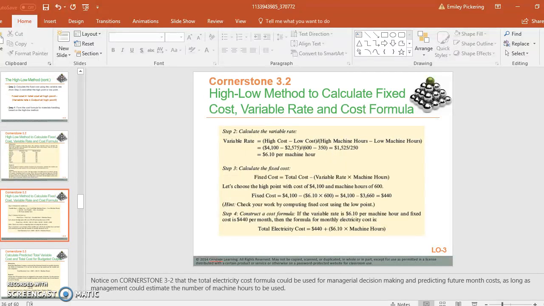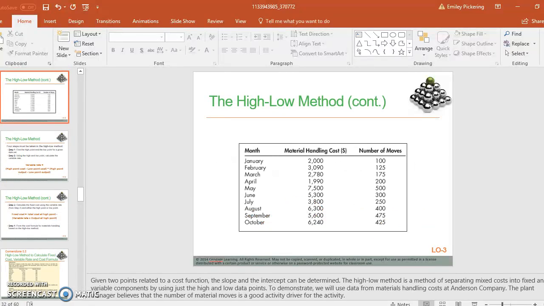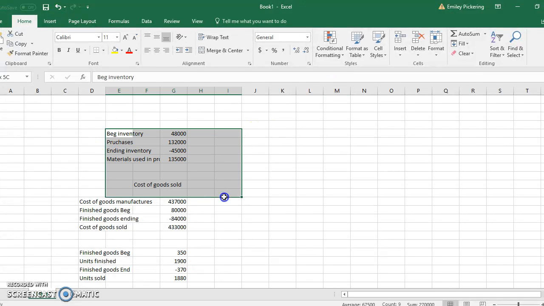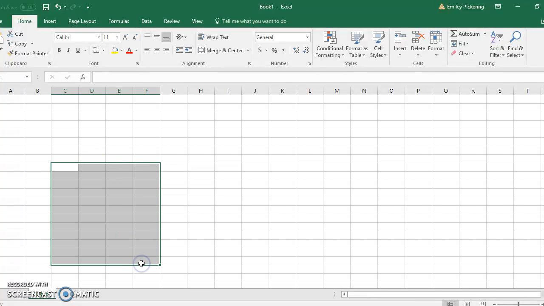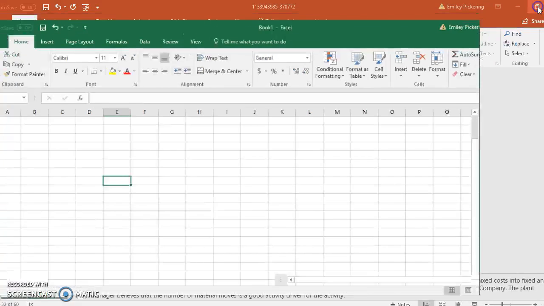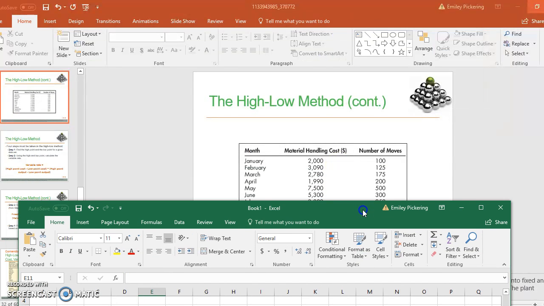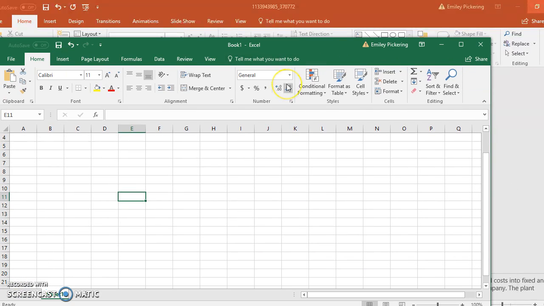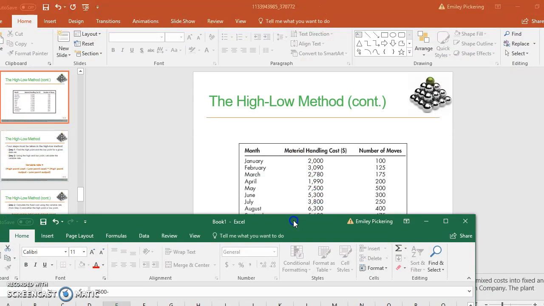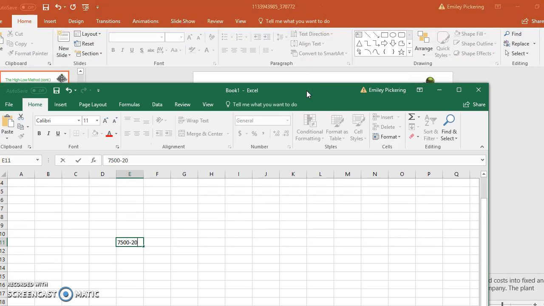Now, they make this sort of complicated. Did they actually do the problem? Yeah. This is a better example. So let me do this in Excel because I don't like the words they use here. So what you want to do is take your cost. So I'm going to take my highest cost, or my cost associated with my highest number, so 500. So it's going to be 7,500 minus the cost associated with my lowest number of 2,000.